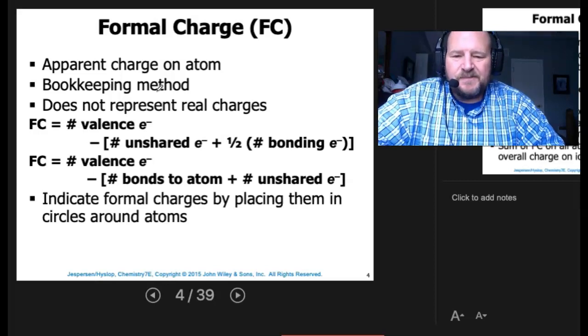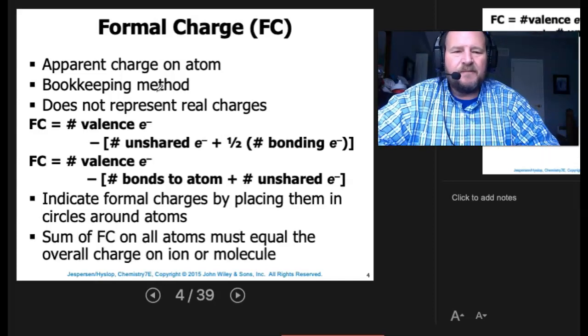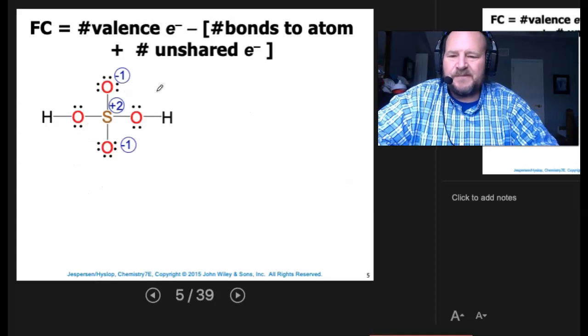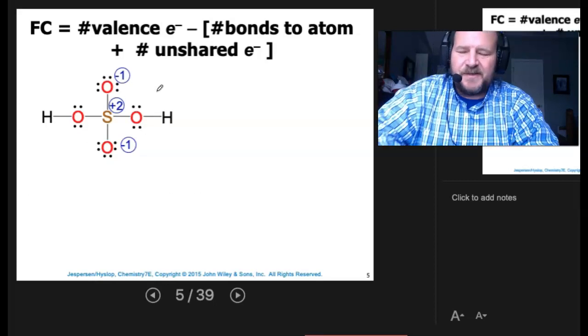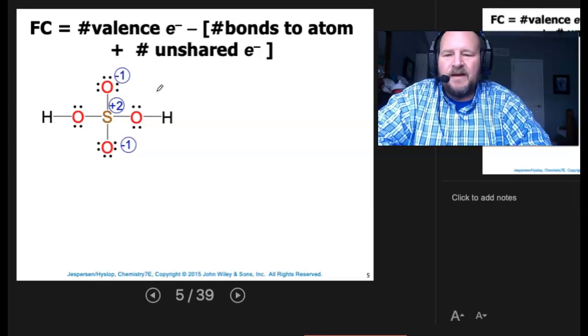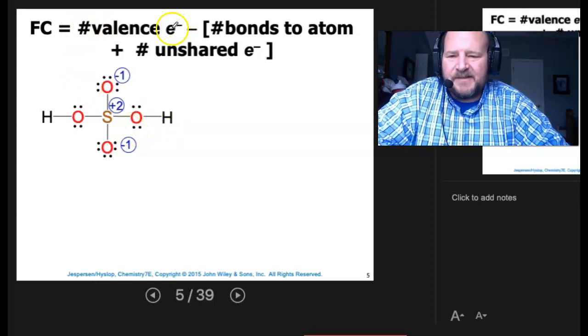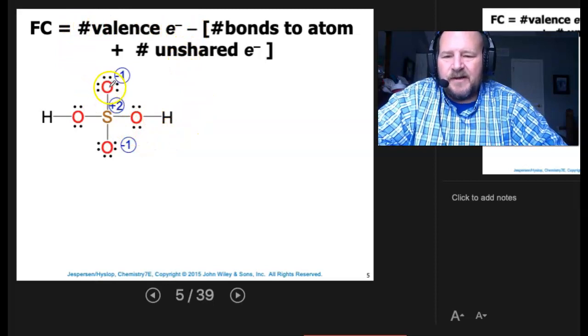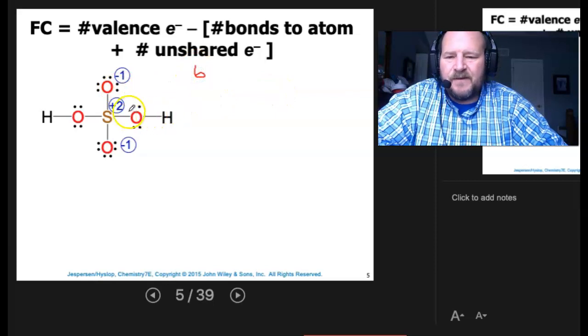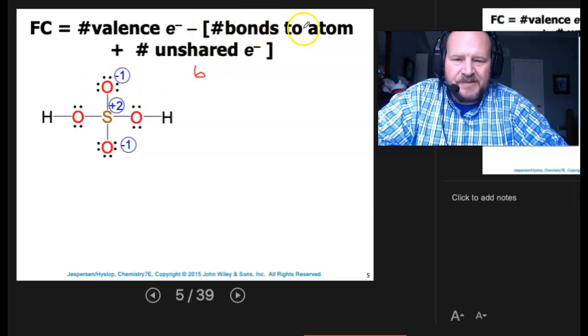Indicate the formal charges by placing them in circles around atoms. Now it sounds complex, but we're going to jump right in and you'll see what I mean. So here's the H2SO4. And if we look at the formal charges, we're going to take the number of valence electrons, right? So we know that oxygen here should have 6 valence electrons. We're using up 2, 4, 6, so the number of bonds, so we're going to subtract the number of bonds to the atom, which was 1 bond.